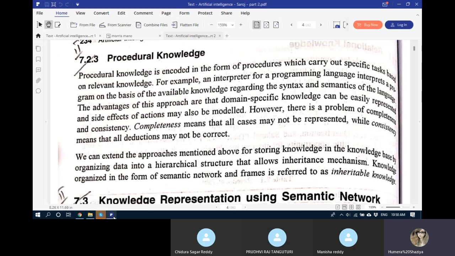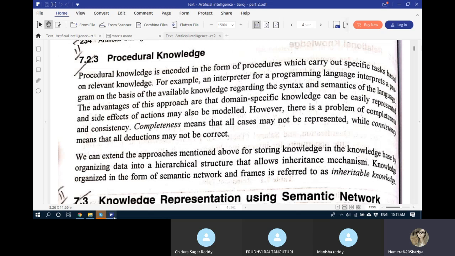So when I make this hierarchical structure, there are certain properties which are shared among the nodes which are inherited from the supernodes. Means you have sub nodes and supernodes, like parents and children.